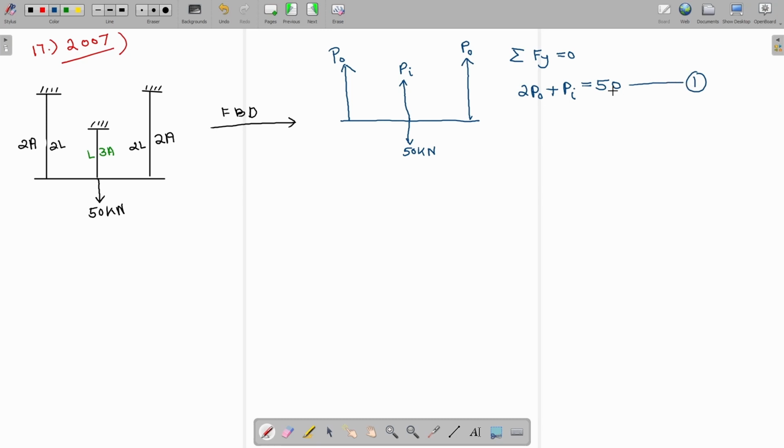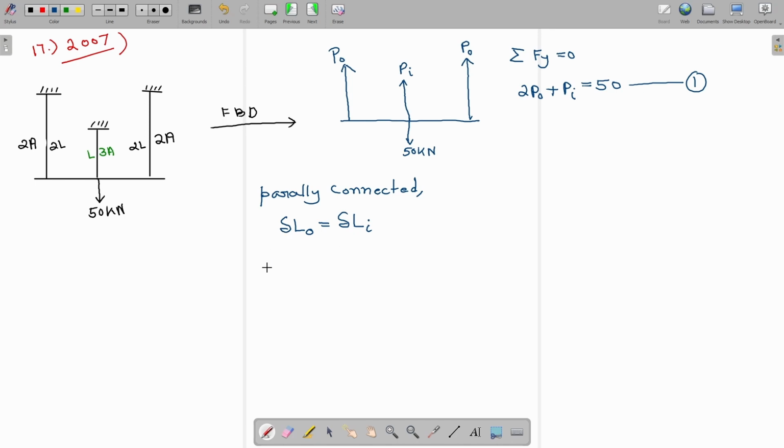Now, since all these three rods are connected in parallel, the properties of parallel connection will apply. That is, the deflection in the outer rod will be equal to the deflection in the central or inner rod. Delta L0 will be equal to delta Li. Now we know that deflection is given as PL by AE.